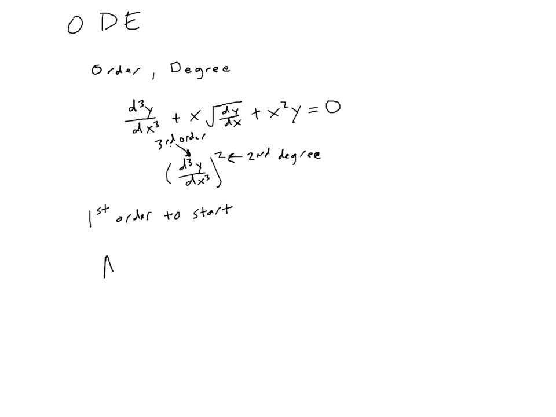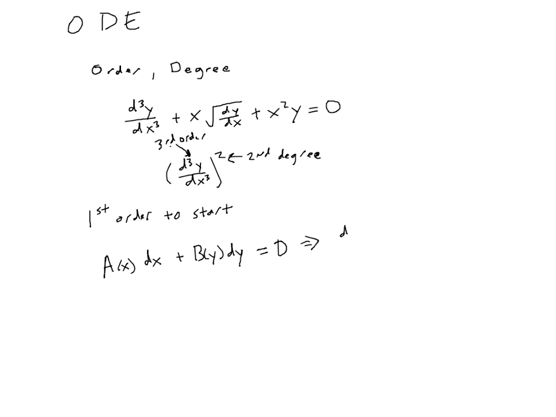So let's say we have this equation, a(x) dx plus b(y) dy is equal to 0. Okay? What happens here is that we can almost treat these derivatives as a fraction and just break it up.